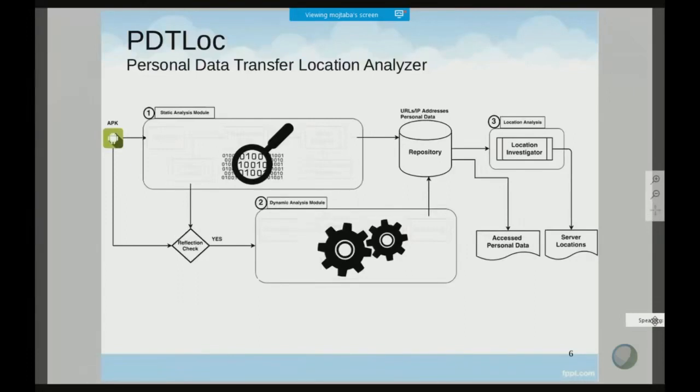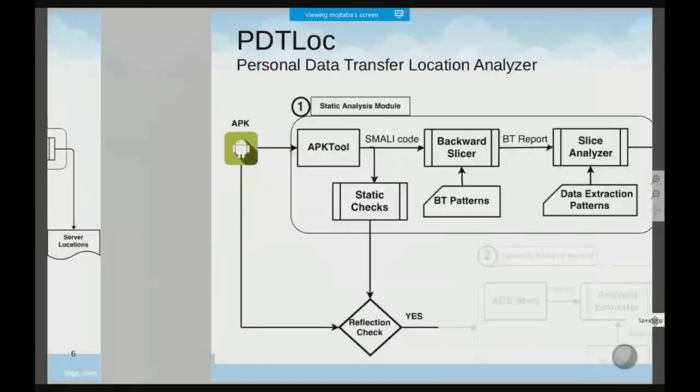Then we collect all the information. The location investigator determines the location of servers. We give it IP names or URLs extracted from the code and from the running app, and then it provides the report. I just showed you an example of the report. So let's have a closer look at these modules to see how they work.